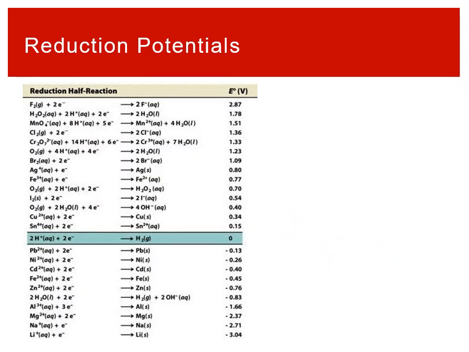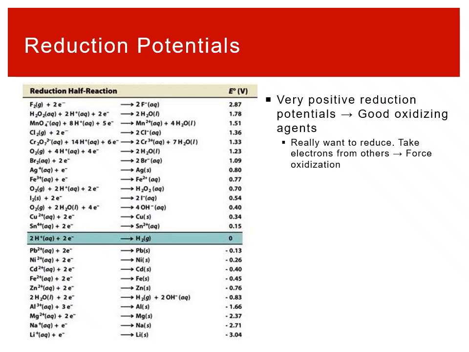Along the same lines, these potentials really point to the tendency for these reactants. And the extremes of the table are only going to go one direction. So for example, things like fluorine, hydrogen peroxide, chlorine, oxygen, these are really good oxidizing agents because they have these crazy high reduction potentials. They are almost always going to win when you ask the question of which one has a higher reduction potential.